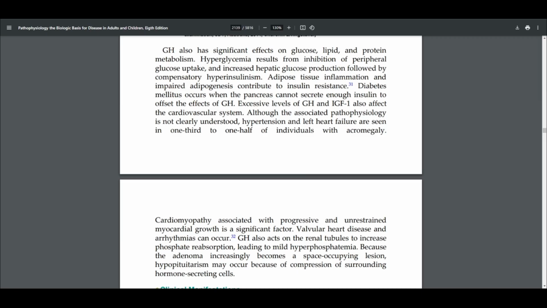Diabetes mellitus occurs when the pancreas cannot secrete enough insulin to offset the effects of growth hormone. Excessive levels of growth hormone and IGF-1 also affect the cardiovascular system. Although the associated pathophysiology is not clearly understood, hypertension and left heart failure are seen in one-third to one-half of individuals with acromegaly.